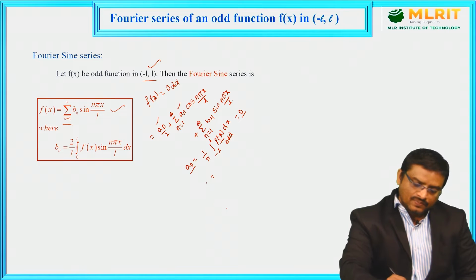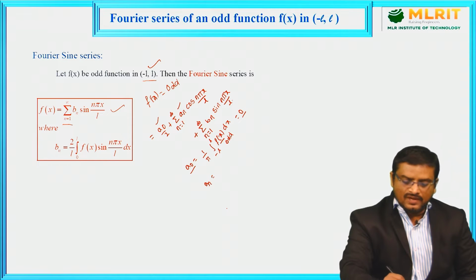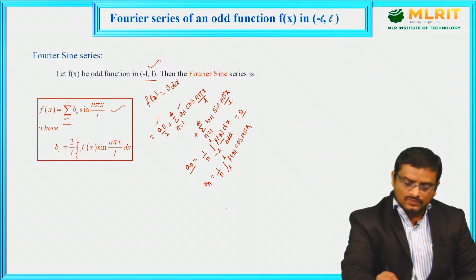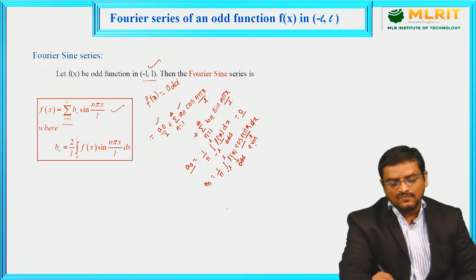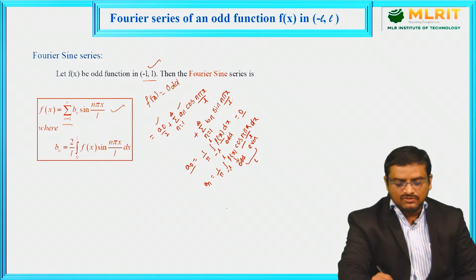Similarly, to find the value of an, we have the formula 1 by pi integral minus L to L f of x into cos n pi x by L into dx. The given function is an odd function, and we know that cos is an even function. Whenever we multiply an odd function with an even function, the resultant function is an odd function.